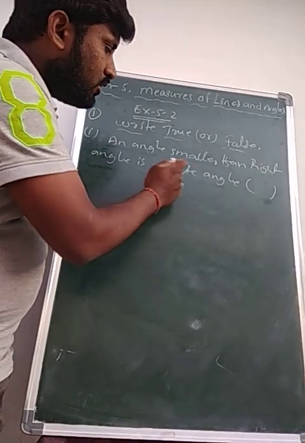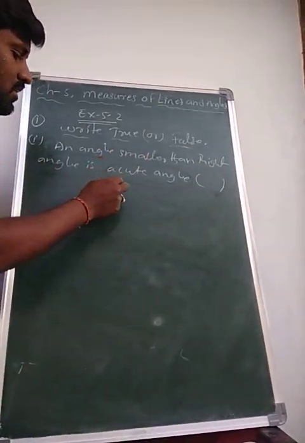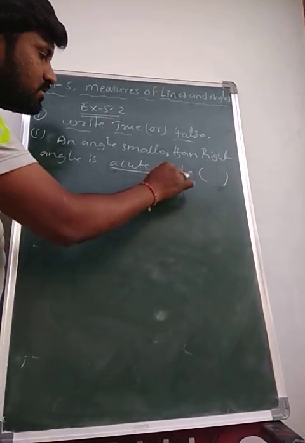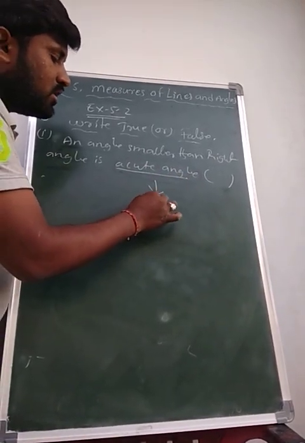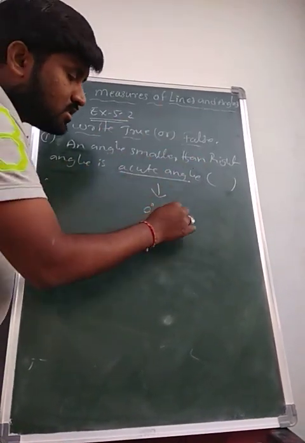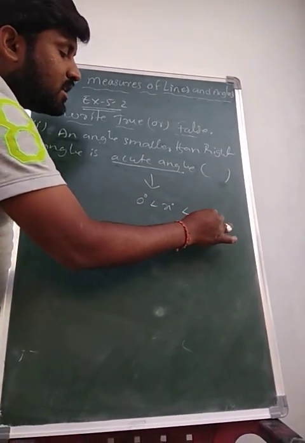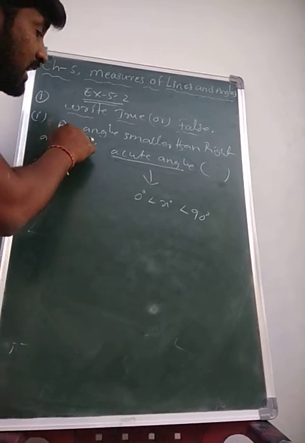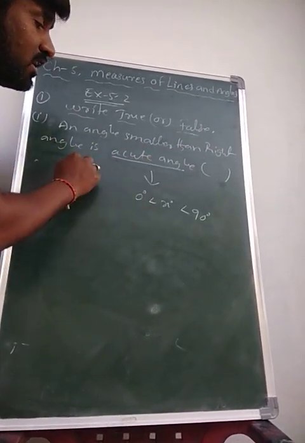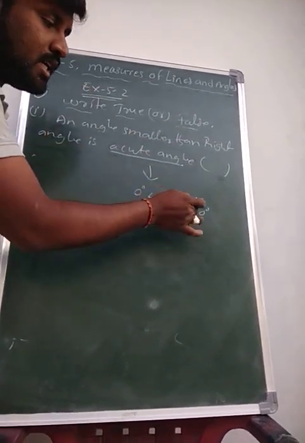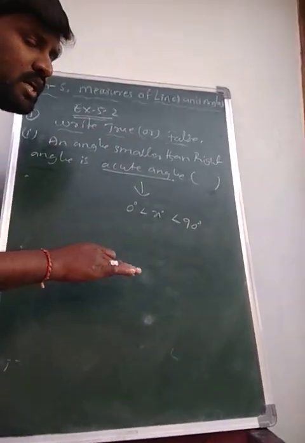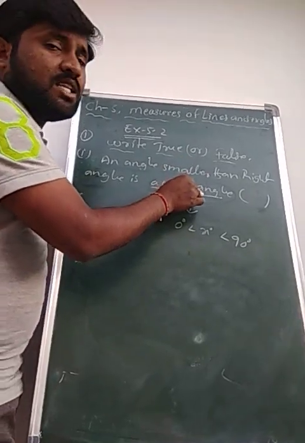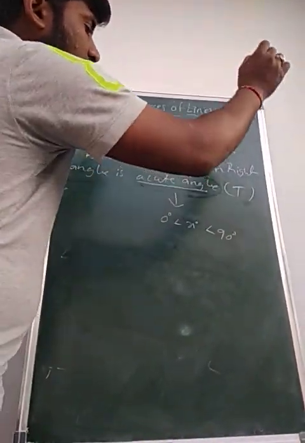We know acute angle means it measures above 0 degrees and less than 90 degrees. So according to the given statement, an angle smaller than the right angle is an acute angle. Angles less than 90 degrees, that is an acute angle. Yes, the statement is true.